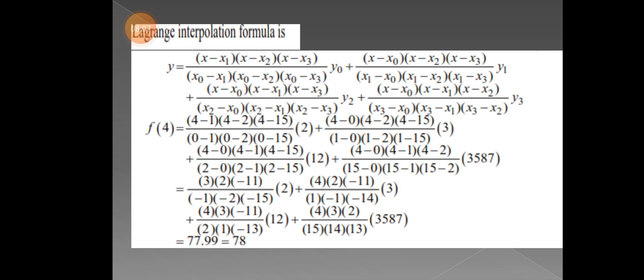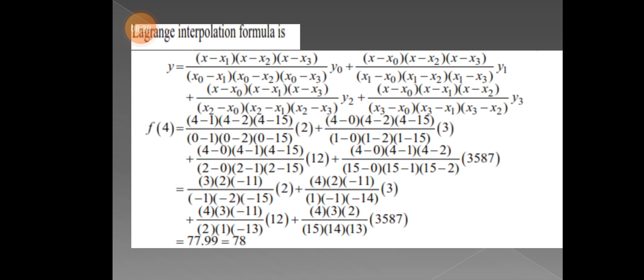Similarly in the denominator also: 0 minus 1 is minus 1, 0 minus 2 is minus 2, and 0 minus 15 is minus 15. If you are having a minus, just keep it with you, because in some cases minus and minus will get cancelled. But anyway, just write all the minus signs. So that was written here.